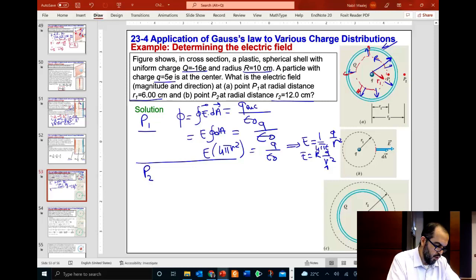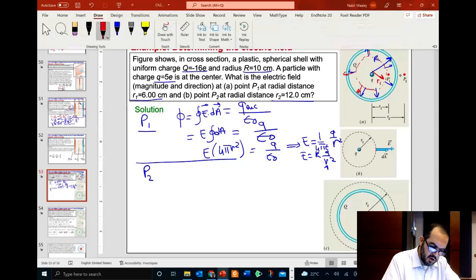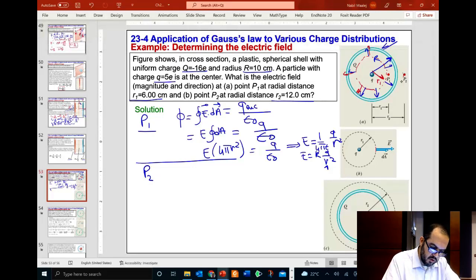So for P2, we have to define a Gaussian surface that contains P2. So this is my Gaussian surface. It's also a sphere that contains point P2. And I'm going to do the same thing. The flux, the integral of E dA, is the charge enclosed divided by epsilon 0.